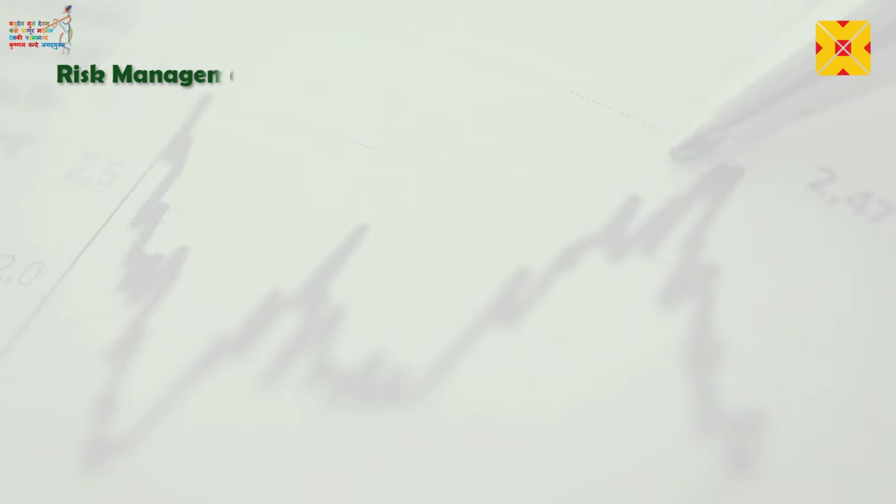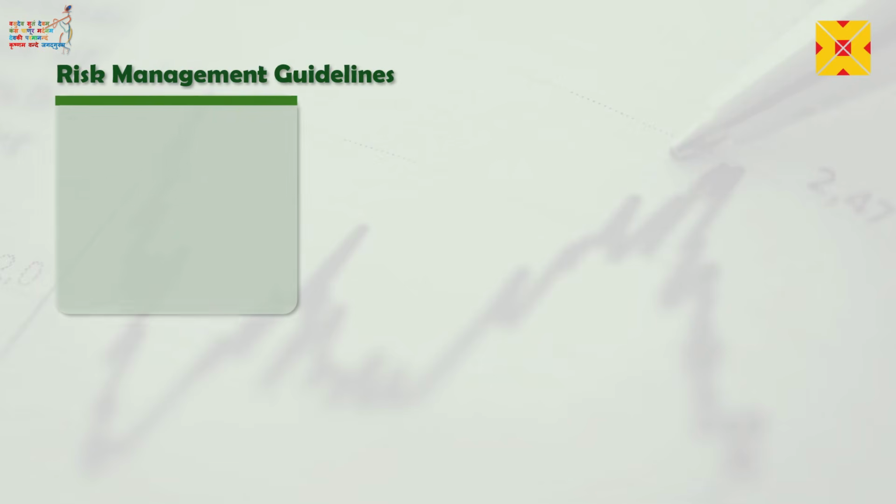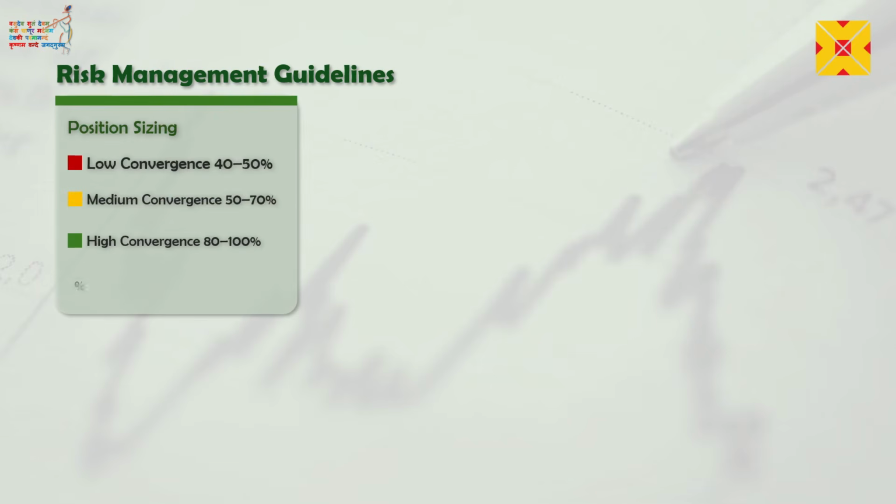Every action report page includes specific risk management guidelines. Here's the framework. For position sizing, low convergence signals get 40 to 50% of your normal size. Medium convergence gets 50 to 70%. High convergence gets 80 to 100%.